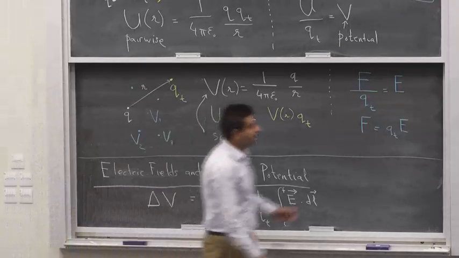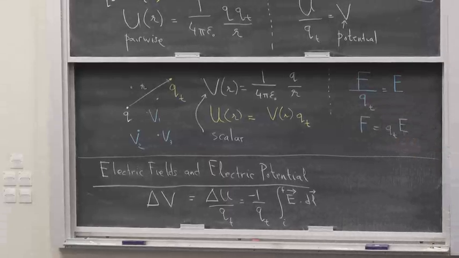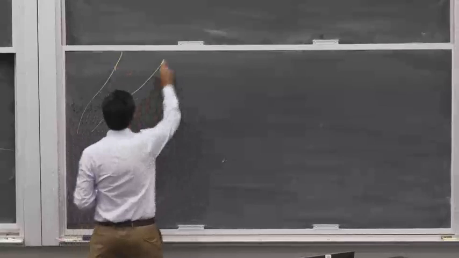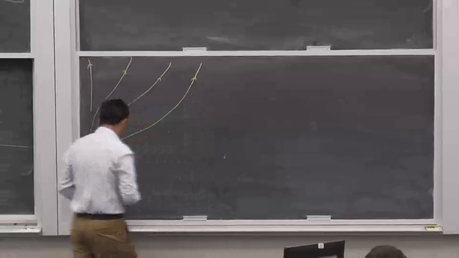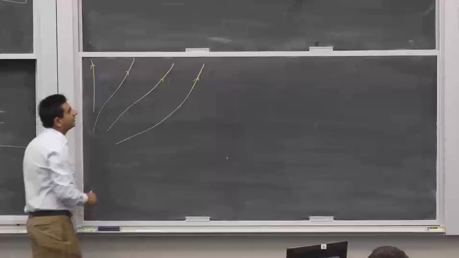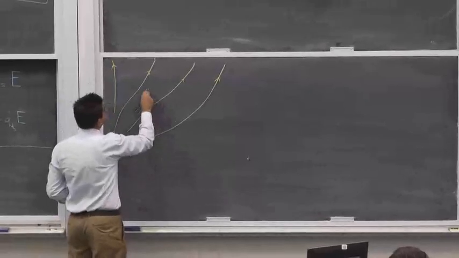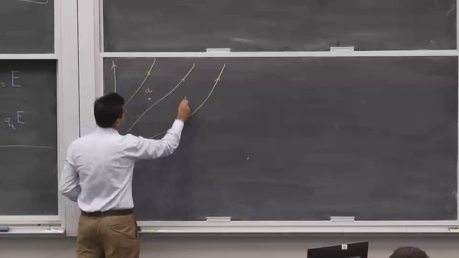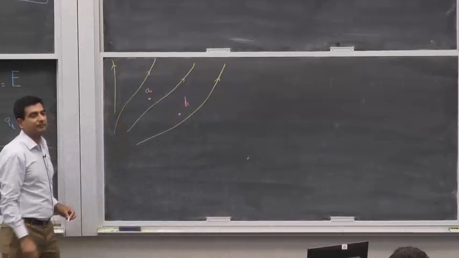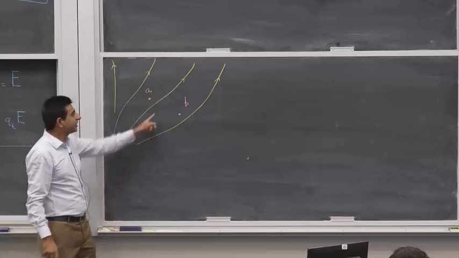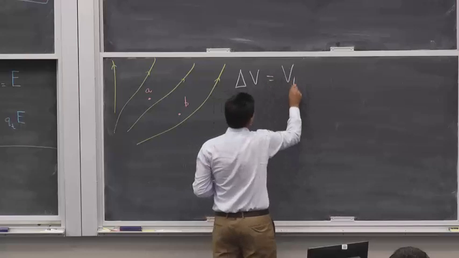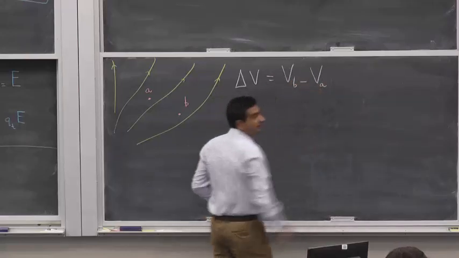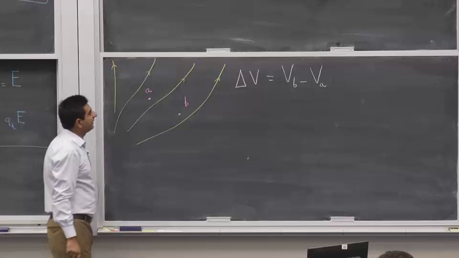Now suppose there is some electric field in space, some non-uniform field in space, whatever kind it is, and I take 2 points A and B. Right. And there is a difference of potential between B and A. Delta V is the potential at B minus the potential at A. Alright.